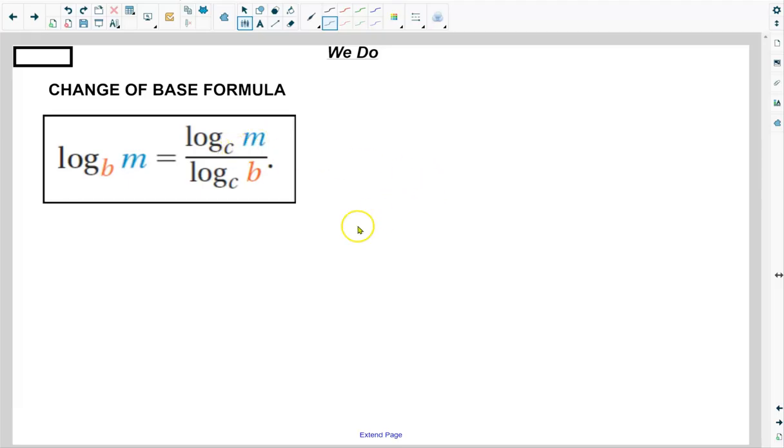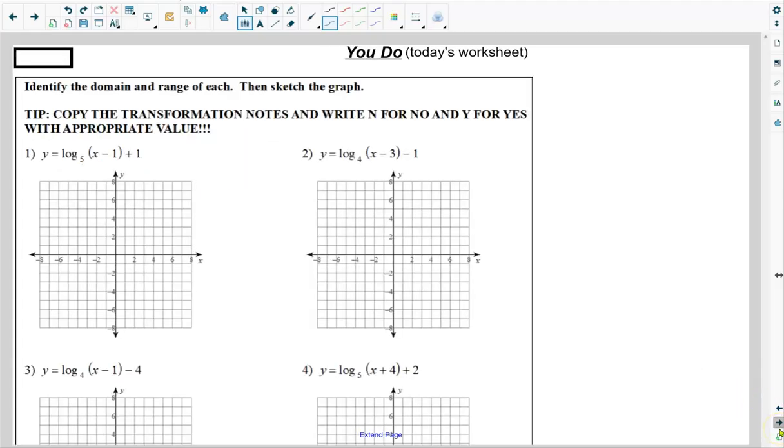So in this case, let's go ahead and actually apply this over here, as you'll do in your practice and in your exit ticket. So let's go blue. All you need to do is, you've got your notes over there, and now let's take a look at one. How would you enter that in the calculator? So we have log base 5 of x minus 1, plus 1. Remember that this guy's way out there on the outside.